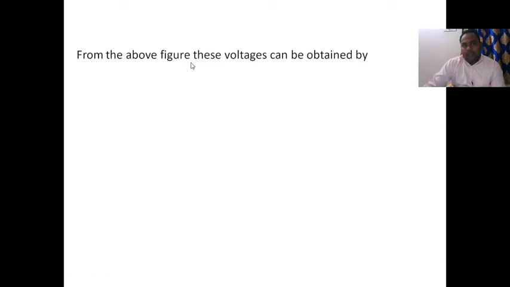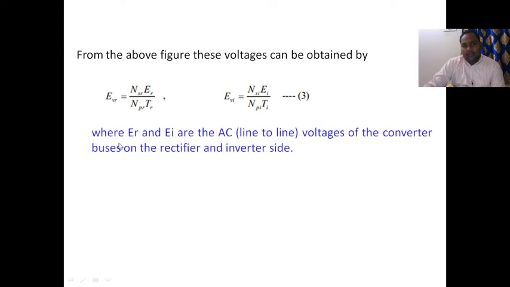From the above figure, these voltages can be obtained by EVR equal to NSR into ER by NPR into TR, and EVI equal to NSI EI by NPI into TI, where ER and EI are the AC line to line voltages of the converter buses on the rectifier and inverter side.